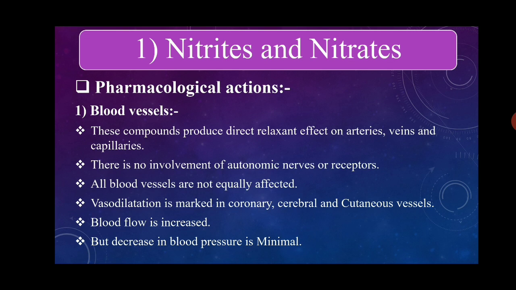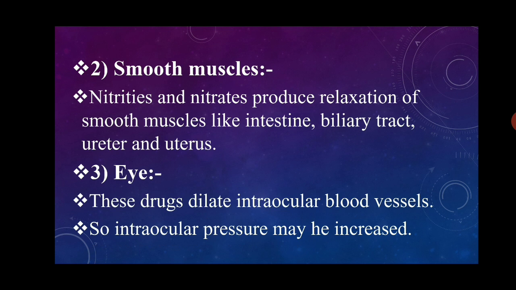See the next slide. On the next organ, smooth muscles, nitrites and nitrates produce relaxation of smooth muscles like those of the intestine, biliary tract, ureter and uterus.